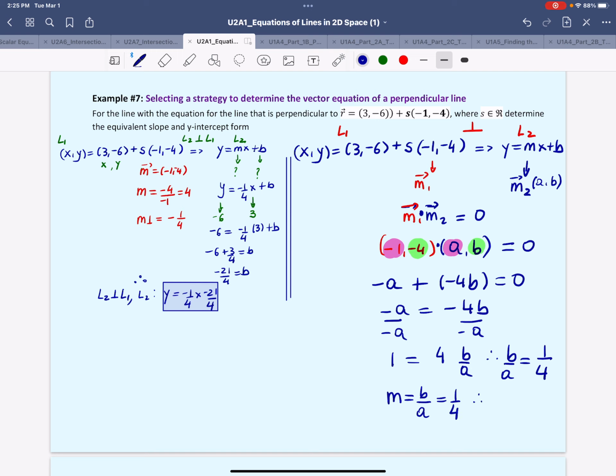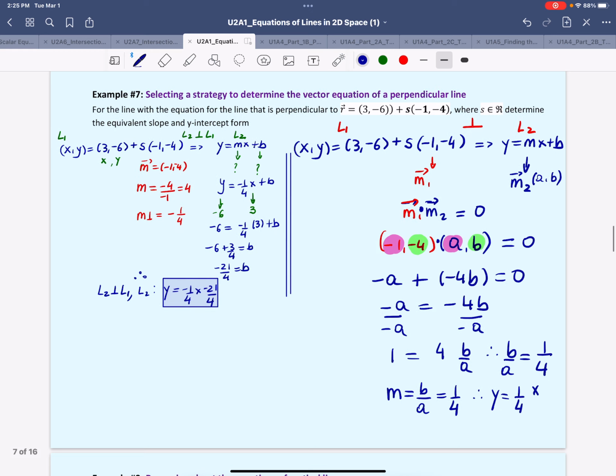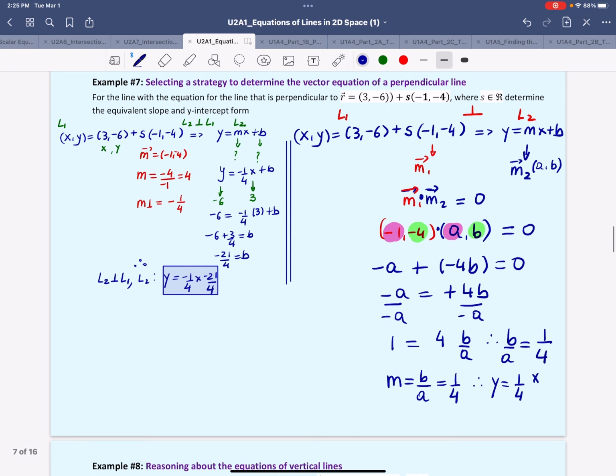So that means that the equation now is brought to the form 1 over 4x, sorry, that's a negative still, negative 1 over 4x, and then plus the y-intercept. So if you want to find the y-intercept, again, we're going to follow the same strategy as we did in the previous method, so in the first method, and the solution will end up being the same.